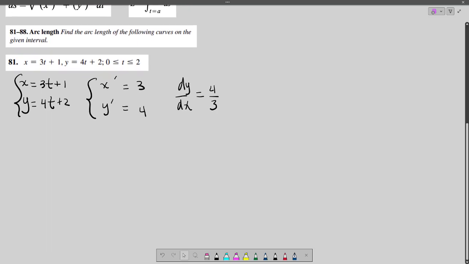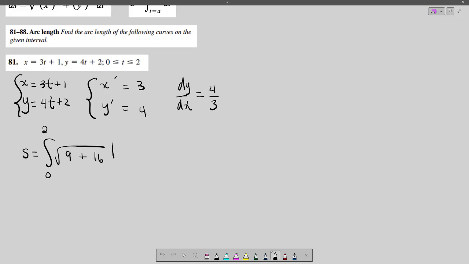Okay, so we want arc length. So arc length, s, is going to be the integral on this interval 0 to 2, the square root of 9 plus 16 dt. So we integrate the sum of the squares of the derivatives. All right, that's 25.